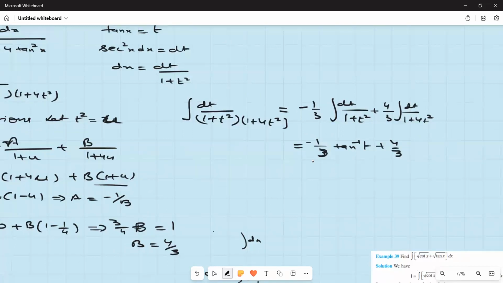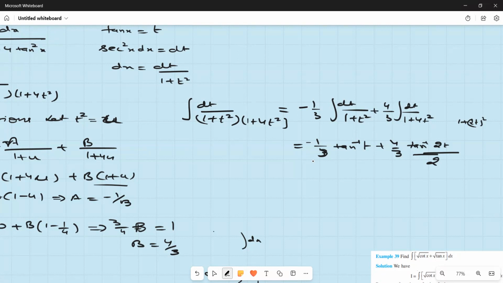Now remember, if you take 4t square as 1 plus 2t square, then this is tan inverse 2t. Then remember to divide by the differentiation of the inner function, so this is tan inverse 2t upon 2, the derivative of 2t.